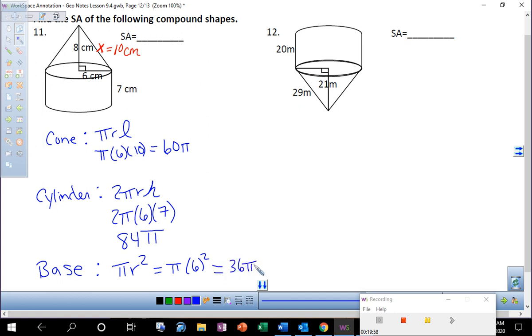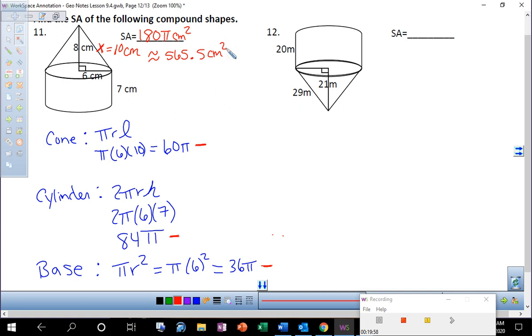So those are all my individual pieces. So now I can put them together. 60 plus 84 plus 36. So in terms of pi, total surface area of the whole figure, 180 pi centimeters squared, which is approximately 565.5 centimeters squared.